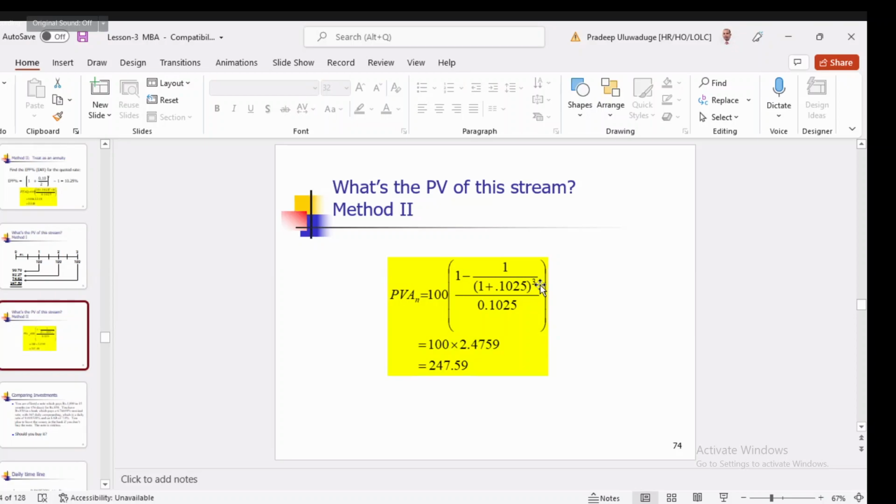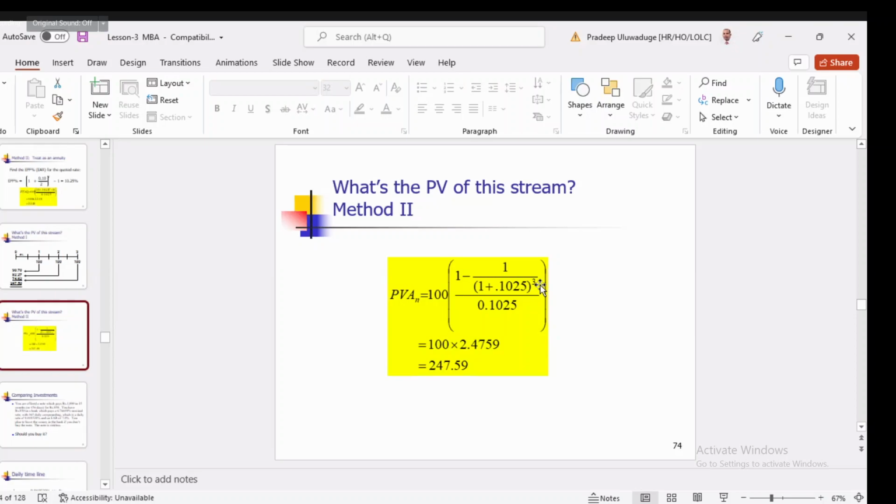1 minus 1 over 1 plus 0.1025 to the power 3, because it's in terms of years it's 3, and we have calculated the effective rate on an annual basis. Divided by R, which is 0.1025, the present value annuity factor is 2.4759.